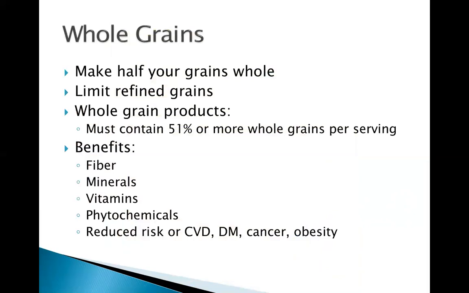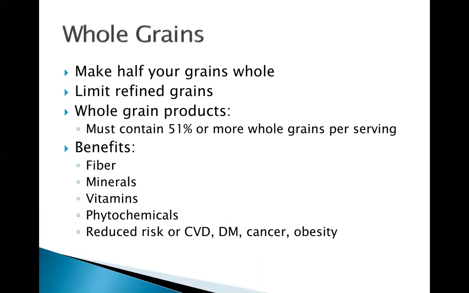During the milling process, a lot of the vitamins and minerals from the whole grain are stripped and disposed of, and then later they're added back to refined grains, but not all of them are added back. Phytochemicals are chemicals that naturally occur in plant foods and have some function in our body, such as antioxidants or anti-inflammatories.